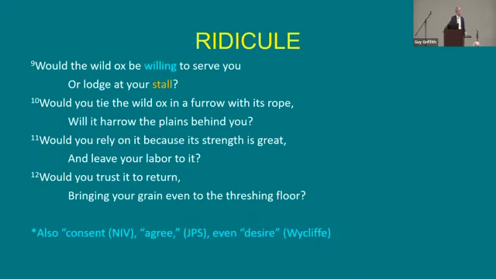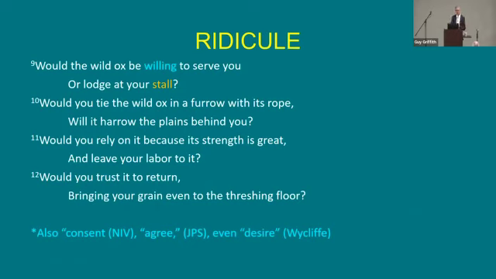The description of the wild ass is very realistic, except that they are free. Here, would the wild ox be willing to serve you or lodge at your stall? Would you tie the wild ox in a furrow? The wild ox is supposed to be wild and virile, and yet somehow they are domesticated.